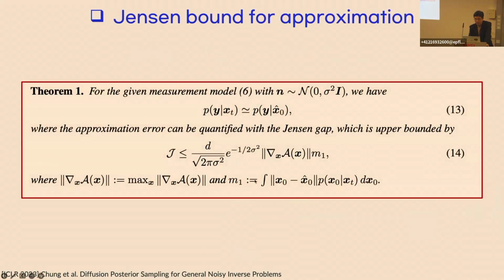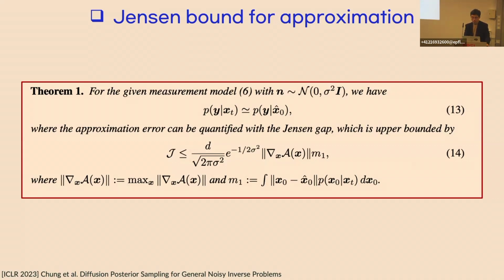In fact, the error between the real likelihood and this Jensen approximation can be bounded like this. And the nice thing about this is, from this equation, if you have very large noise or very small noise, in either extreme case this approximation is very tight.